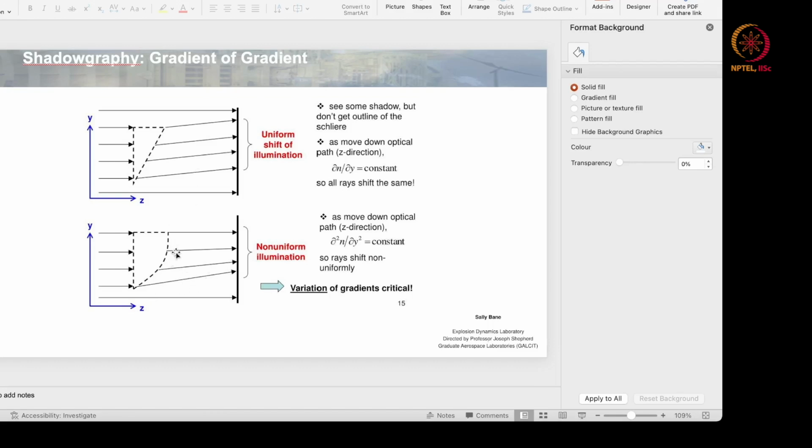But when the second derivative of the refractive index is constant, or in other words, dn by dy is not a constant, you get rays which are non-uniformly distributed and non-uniformly shifted. As a result, you get non-uniform illumination.